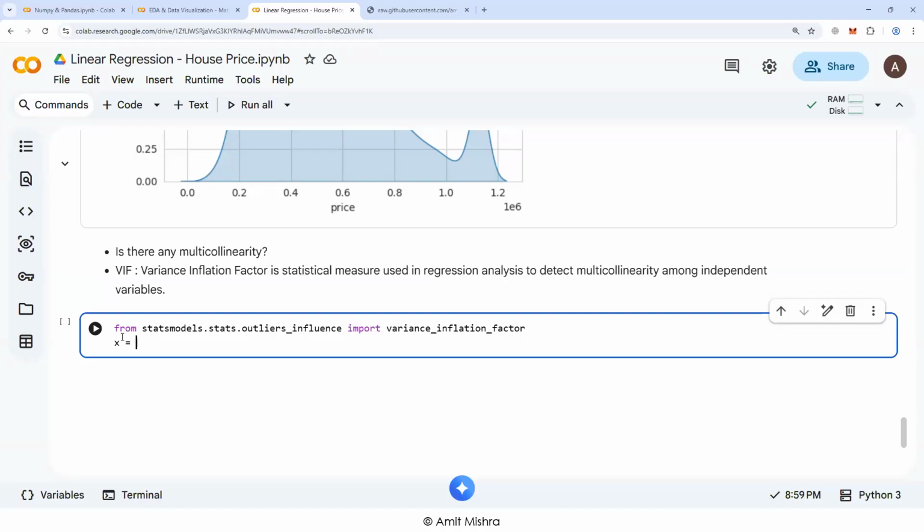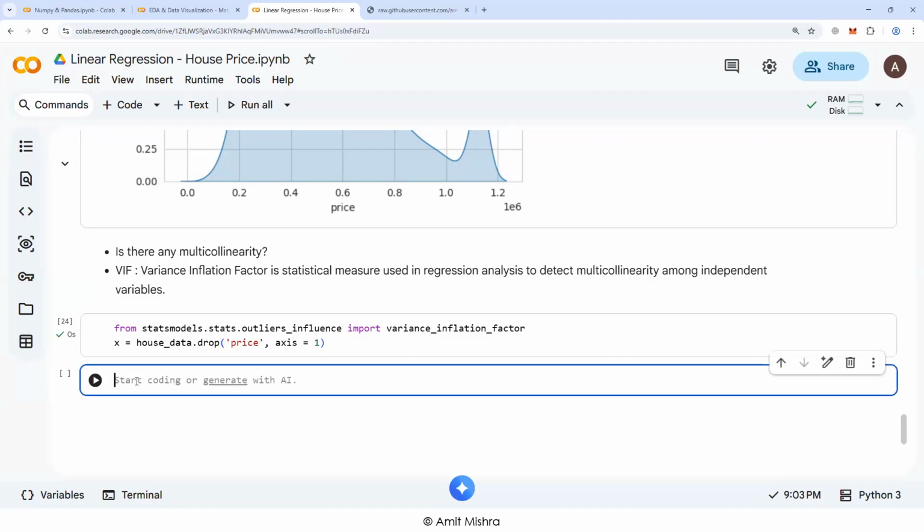X equals house data. Let's drop the target. Let me also drop two more not so important columns, and that is ID.